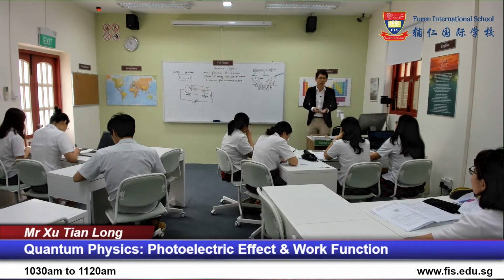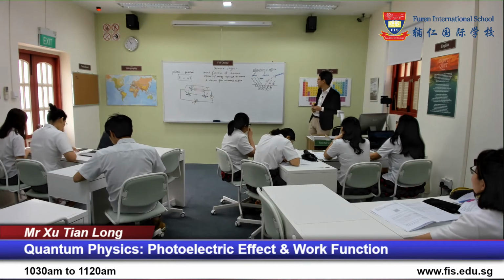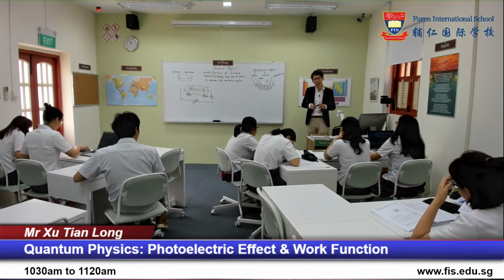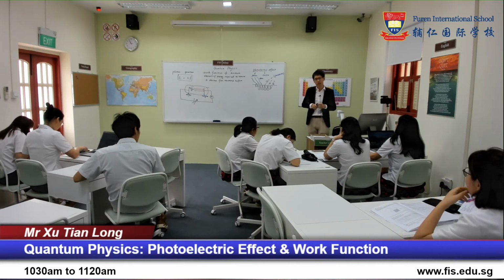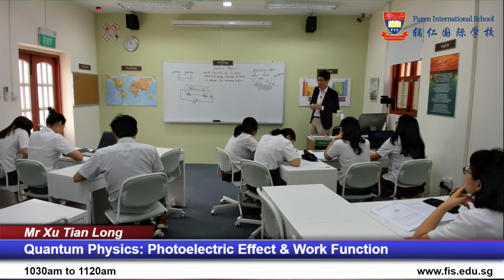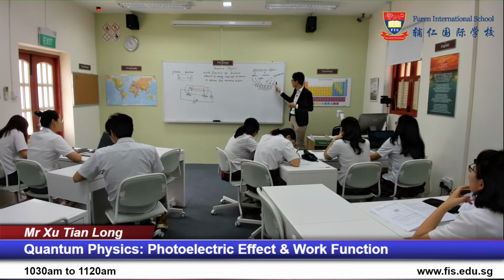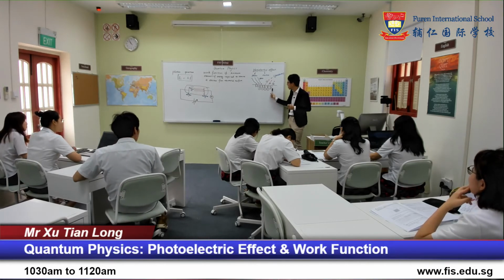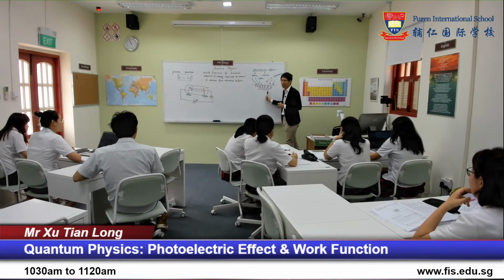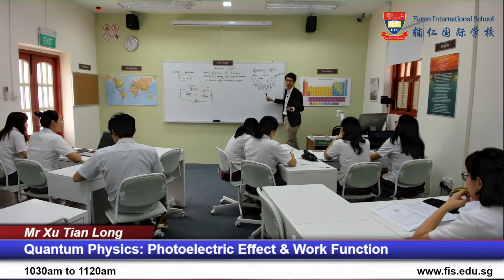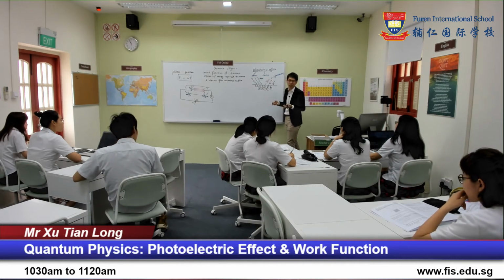Can you tell me why the third one requires more energy? This electron is closer to the cations, so it means stronger attraction.